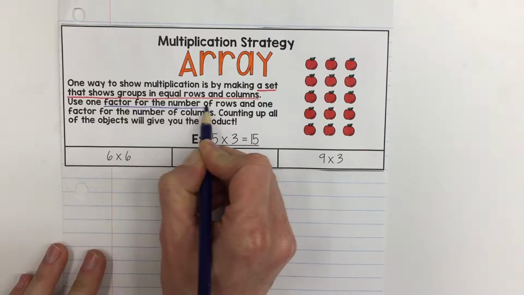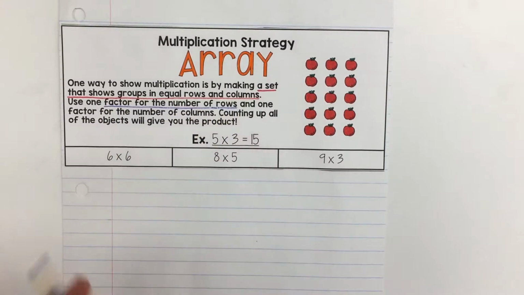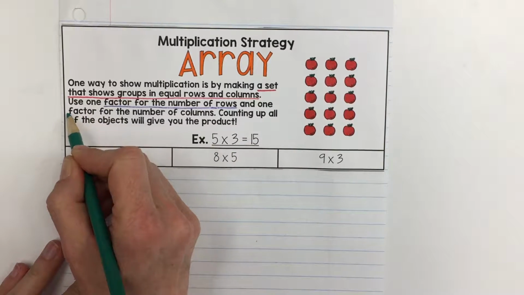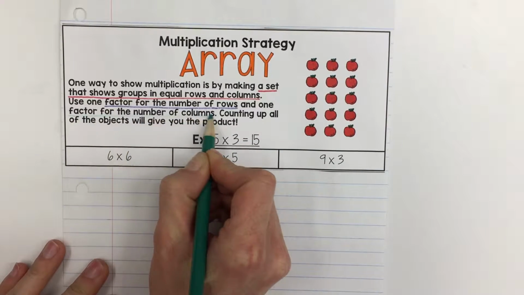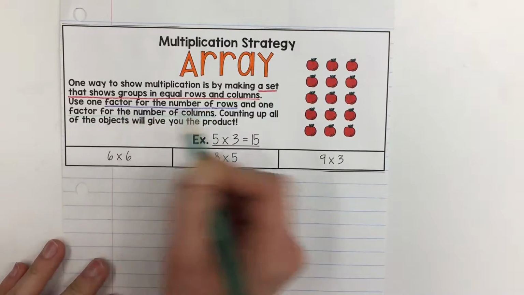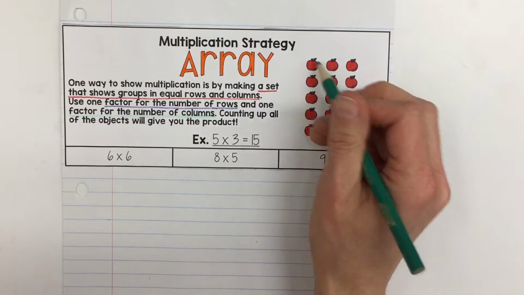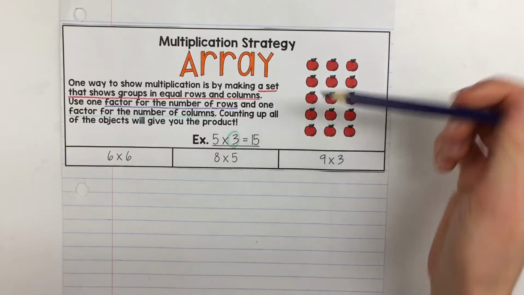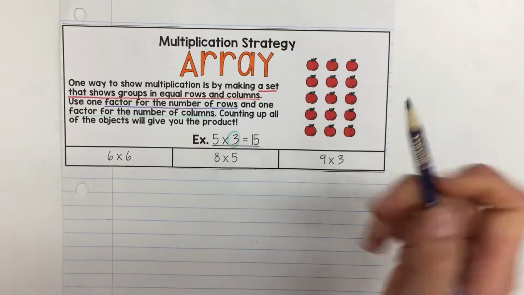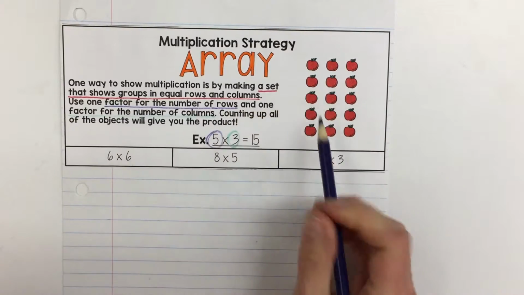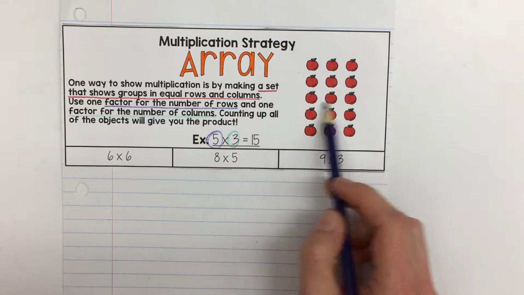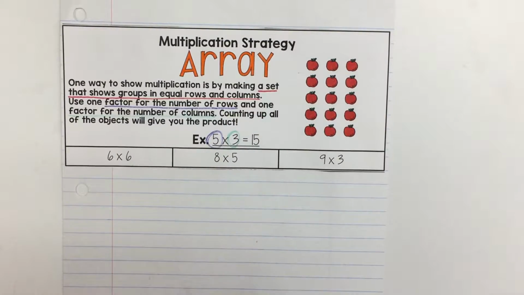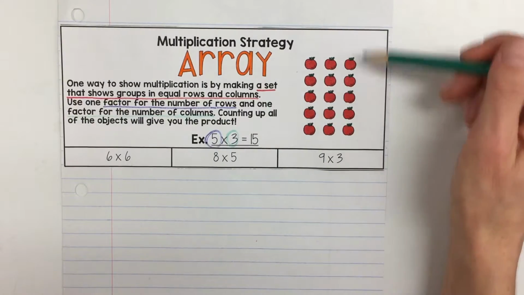Blue is for my number of rows, and teal is for the number of columns. So in this example, we had 1, 2, 3 columns, and remember 1, 2, 3, 4, 5 rows. You can see the rows are always going across, and the columns are always going up and down.